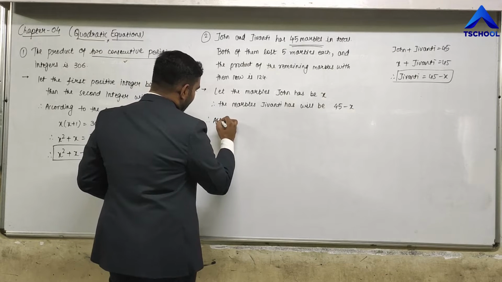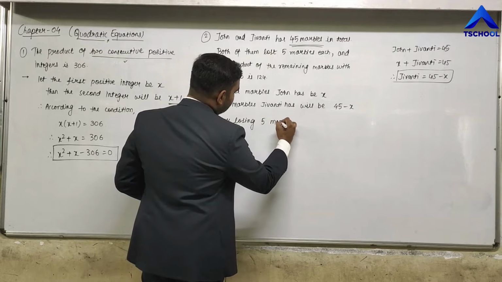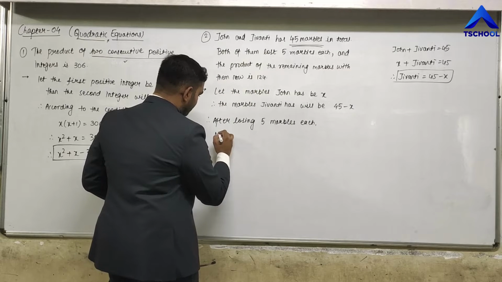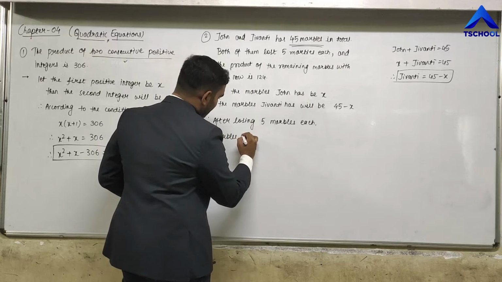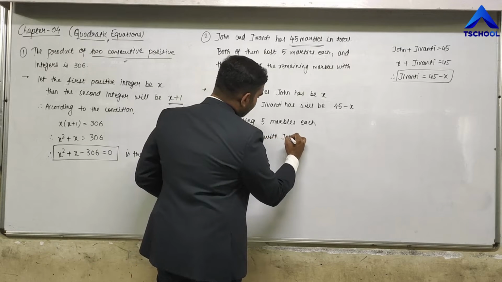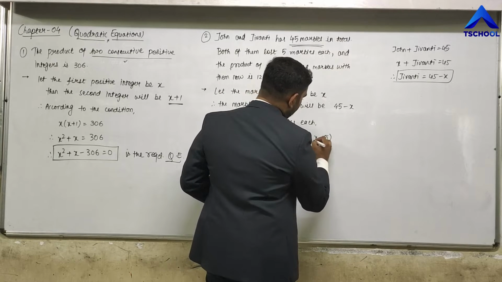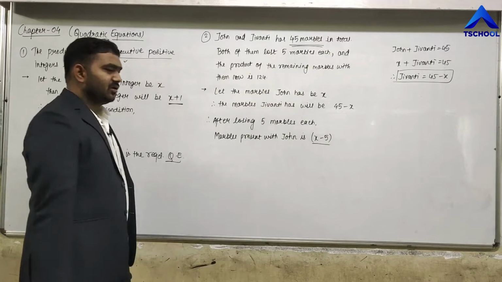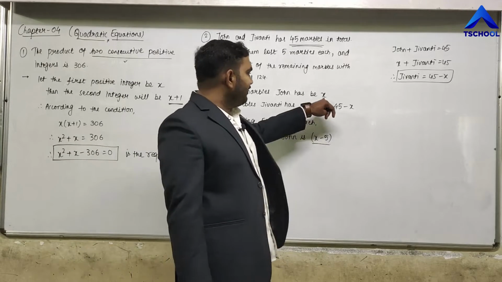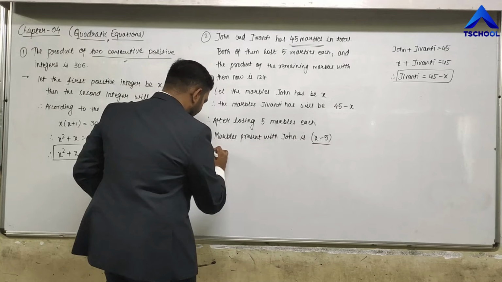Therefore, after losing 5 marbles each, the marbles present with John are x minus 5, right? Because he is losing 5 marbles. What he had first was x, now he will have x minus 5.